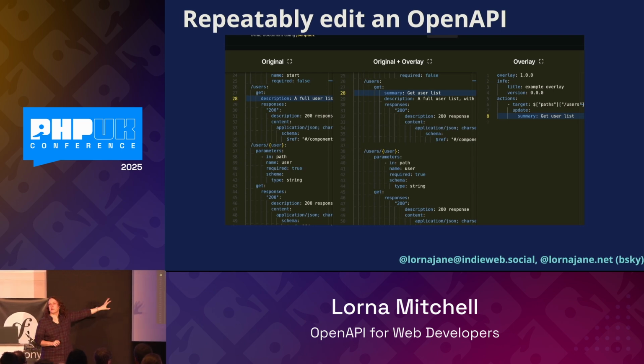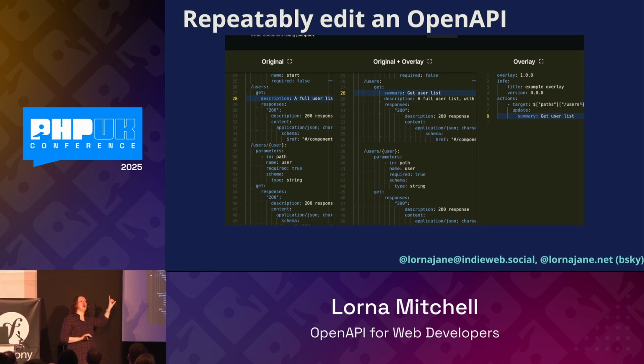You can see here that I'm adding some summary stuff, some better descriptions, some improvements in my little overlay example. When I did this for Joined In, I did not do this. What I actually did was, we had static documentation. I had a generated terrible OpenAPI that just had parameter names. And I fed the two things into an LLM and said, go. And it did a decent job.